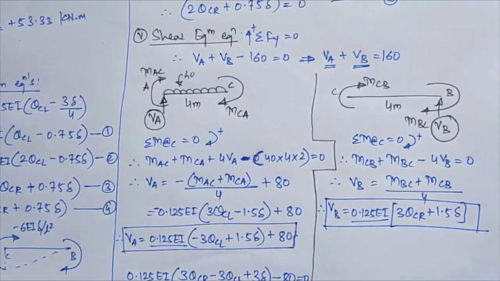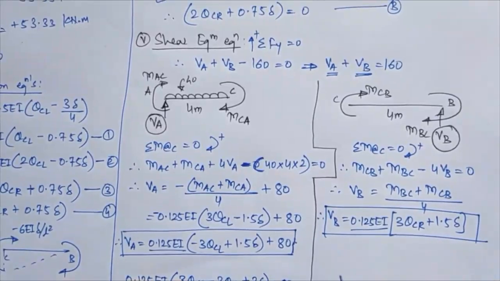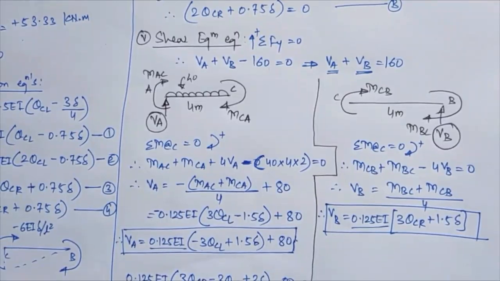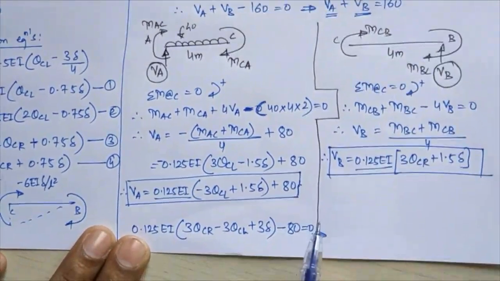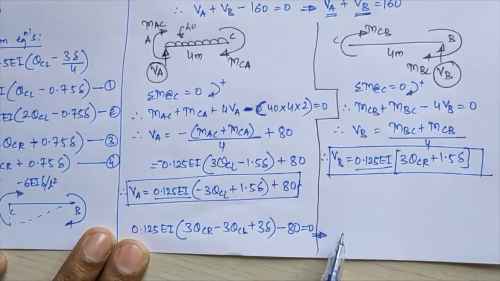So if you simplify this equation further, I can take 3 common from this, which will get multiplied with this 0.125 here. This 80 going to the RHS will become positive.